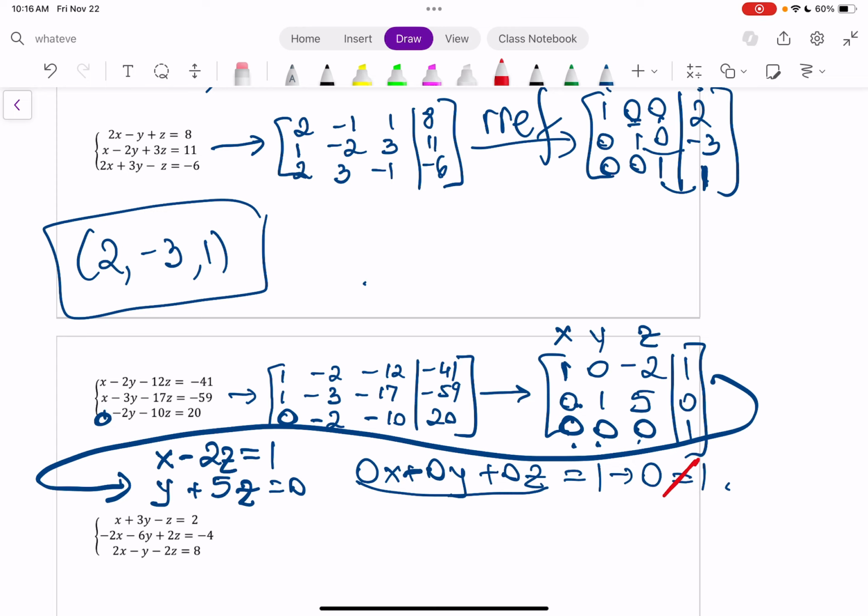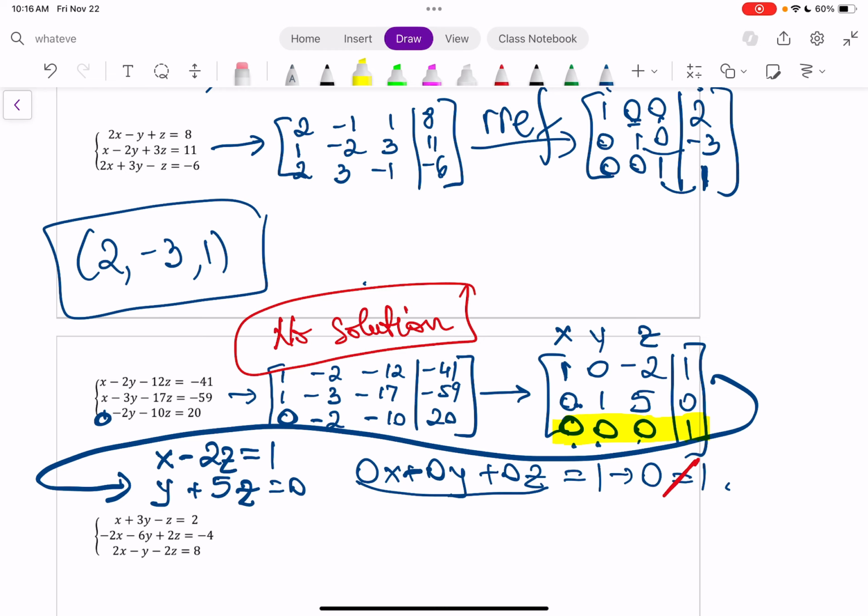Okay, 0 cannot equal 1. So, again, look back. We have solved this system in 8.2. And what we concluded is there is no solution. And there's no solution because this last equation makes no sense. This last equation has all zeros before the equal sign and then a 1 behind the equal sign. So 0 of anything equals 1. That's not possible, so therefore no solution.